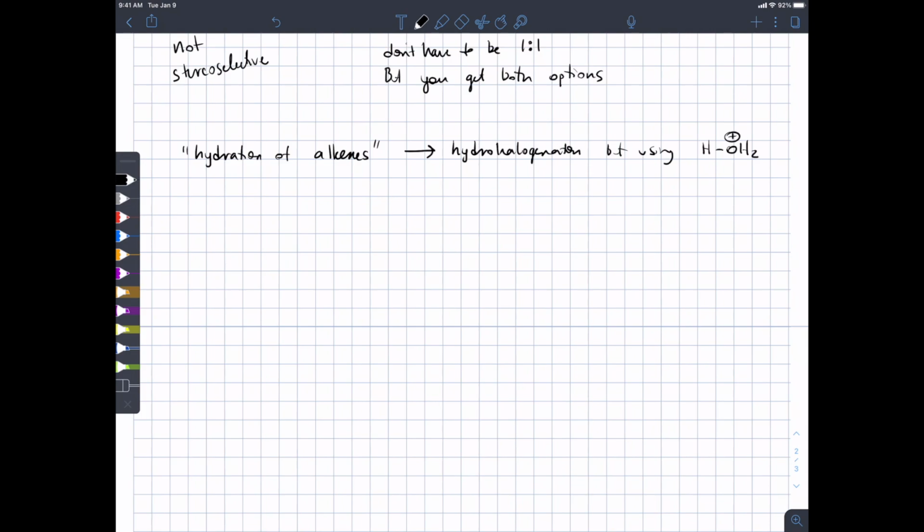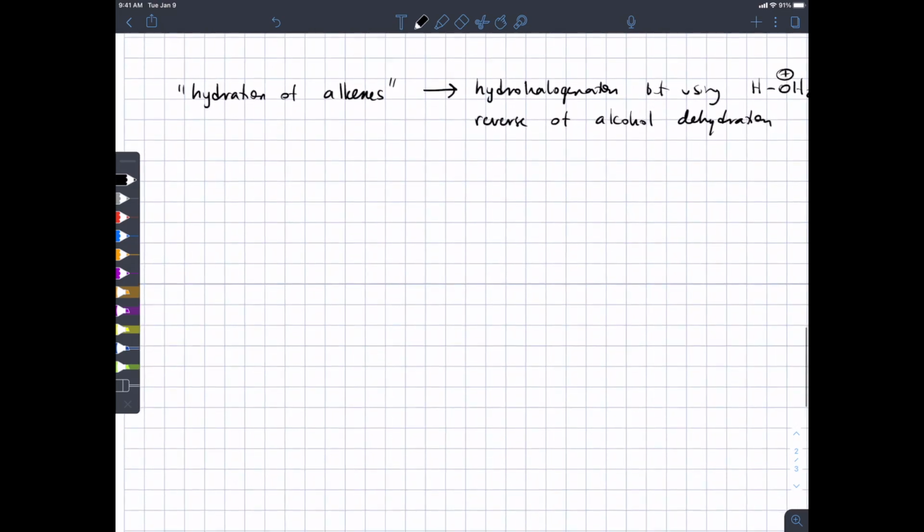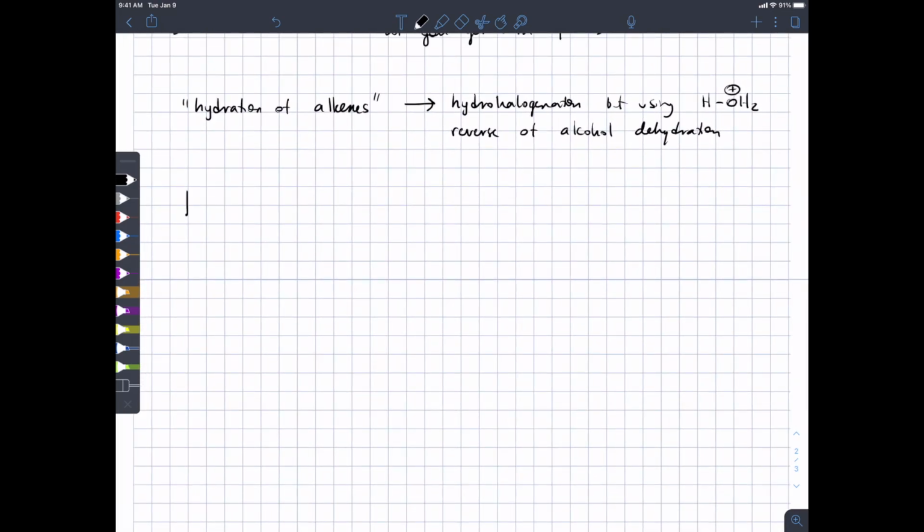You can also think of it as the reverse reaction of alcohol dehydration, which we just barely talked about in chapter 9. So again, here's your olefin starting material. I'm going to again choose to keep deuterium here to illustrate the various stereochemical issues.